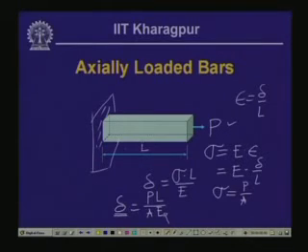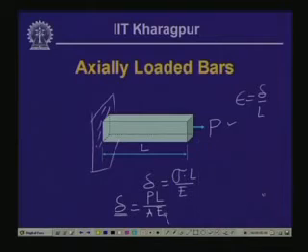However, if the strain is not the same everywhere, if there is variation of the strain as we have seen in the previous calculation, then the strain or the deformation delta, as we have seen, is equal to the integral from 0 to L of epsilon dx.